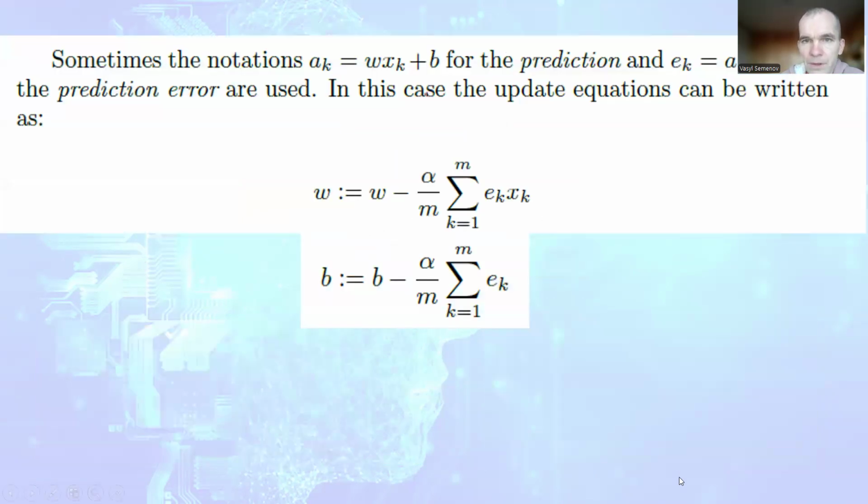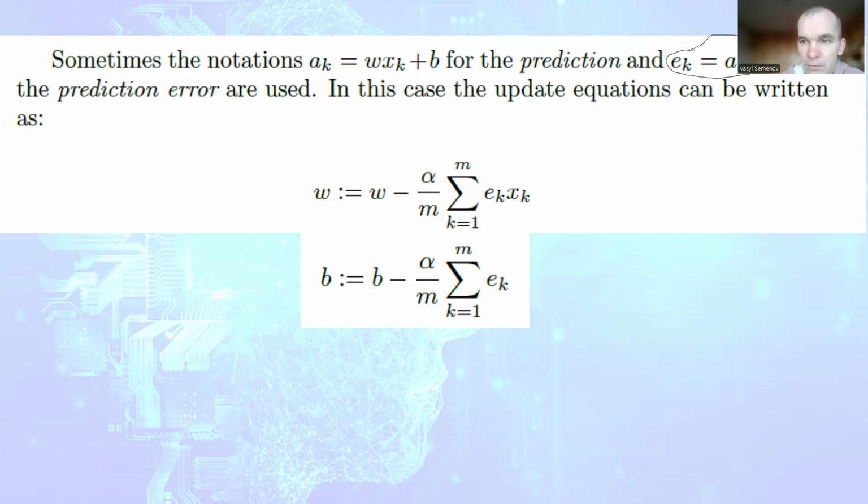Also, these expressions for the update of w and b can be written in a more compact way if we introduce notation for the error of parameters estimation, that is, how the predicted value differs from the actual value.